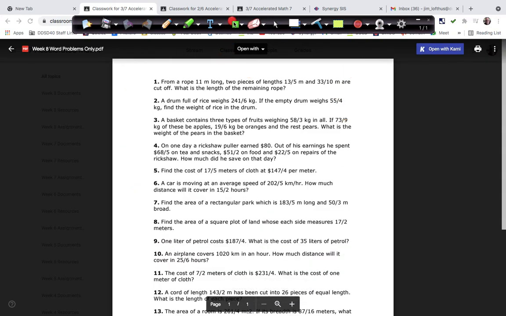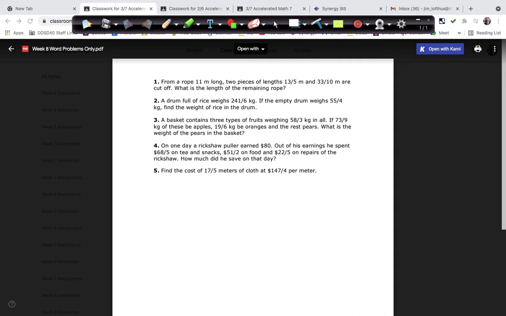And the last one, number 5. Number 5, it says find the cost of 17/5 meters of cloth at $147 fourths per meter. So 1 meter equals 147 fourths, and we want to know this many.